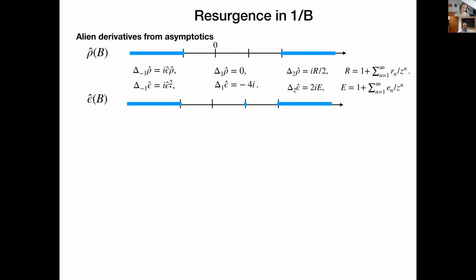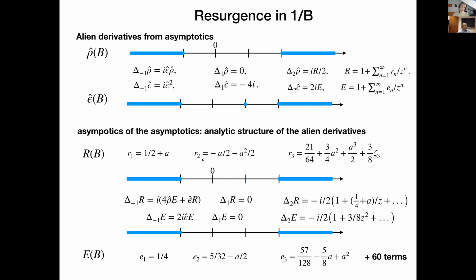So we don't know why, we don't know the origin, but it is really beautiful. We calculated the alien derivative. There was no pole here, there was a pole here, and this function multiplying the cuts, they were completely new functions. And then we analyzed these functions, and then here we could calculate in this variable the asymptotics of the asymptotics, this r of b and epsilon of b.